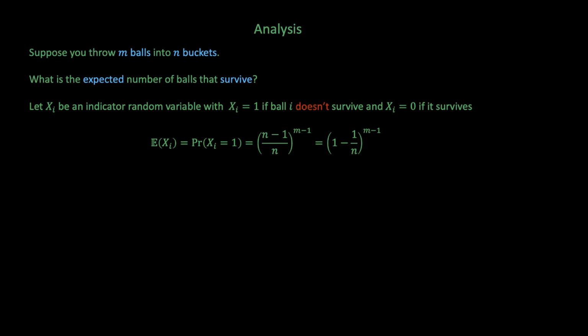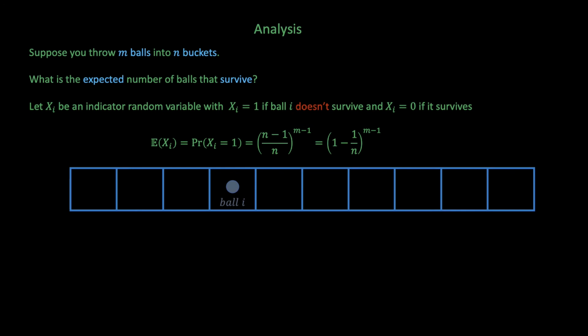To see why, consider the bin that ball i falls in. For ball i not to survive, we must have that all the other m minus 1 balls avoid the bin that ball i fell in. But this happens with probability (n minus 1) over n for each of those m minus 1 balls. And since the balls are independent, we just multiply these probabilities.